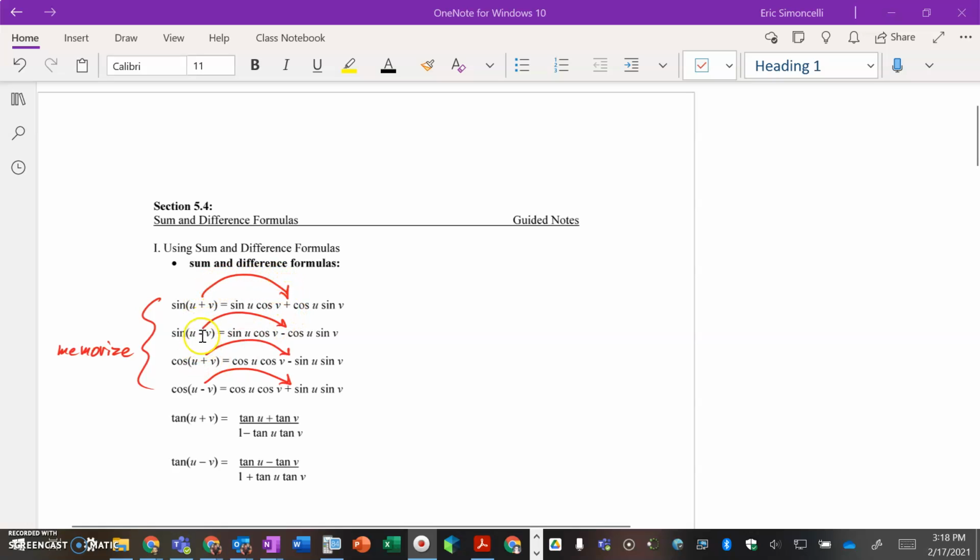And then as far as the minus part of this formula goes, the property speaks to u minus v. And in the end here you can see there's a minus sign. So sine of u plus v results in sine, cosine, cosine, sine with the same sign. Sine of u minus v, sine, cosine, cosine, sine with again the same sign. I think of the letter S in the word sine, but also in the word same. Same sign here, same sign there.